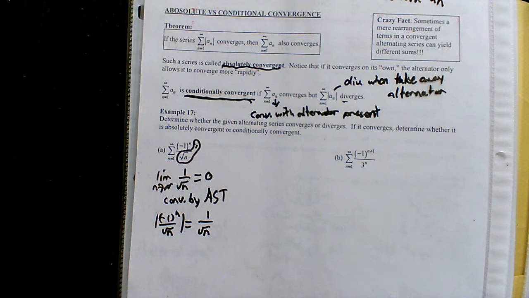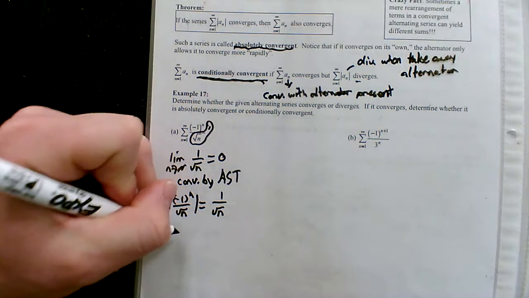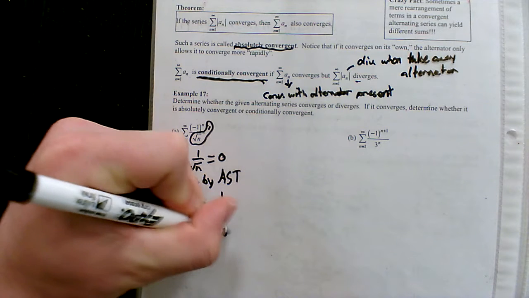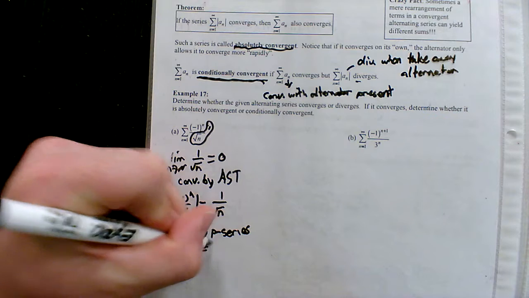P-series, yeah. So if we use the P-series, our exponent on the n is what? Okay, so we know our P is 1/2. Does that tell us diverge or converge? Yes. Diverge by P-series with P equal to 1/2.